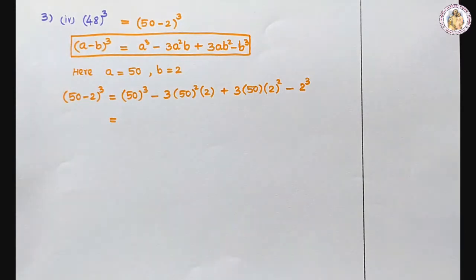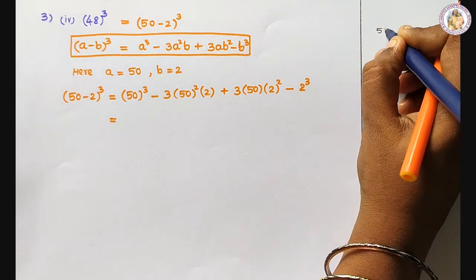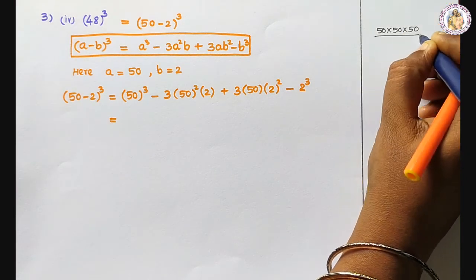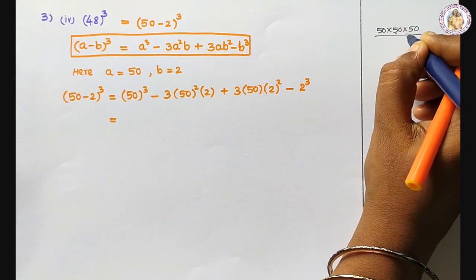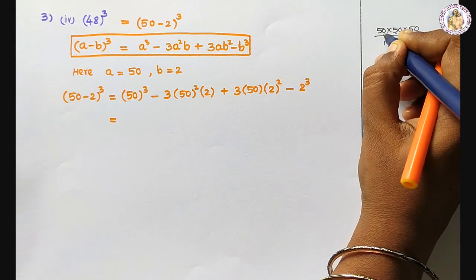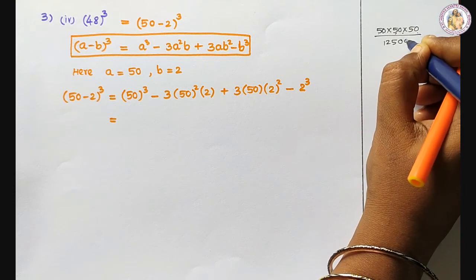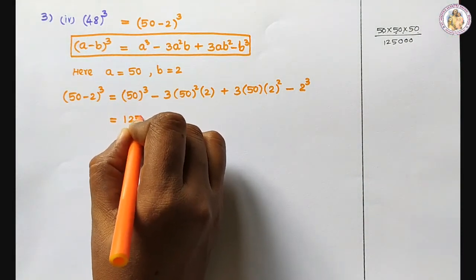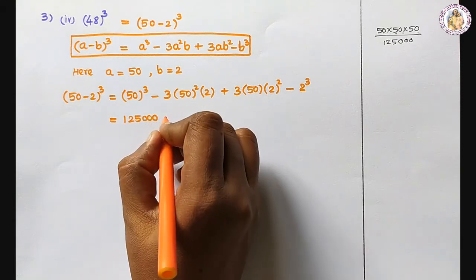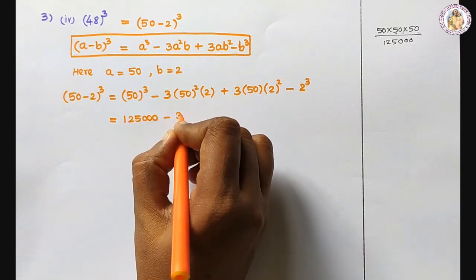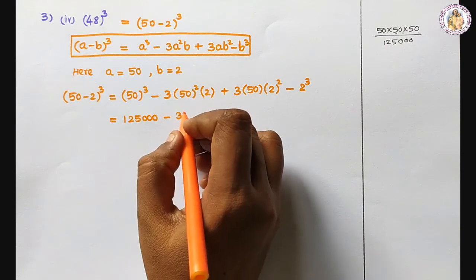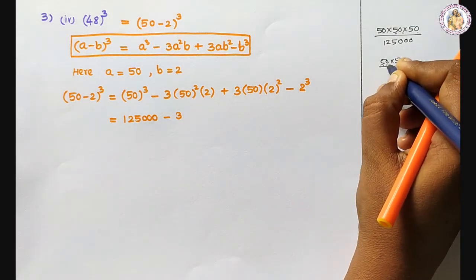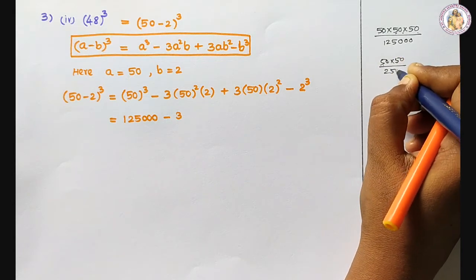50 cube, that is 50 into 50 into 50. 5 5s are 25, 25 5s are 125 and 3 zeros. We get 1,25,000 minus 3 into 50 squared. 50 into 50, 5 5s are 25, 2 zeros.